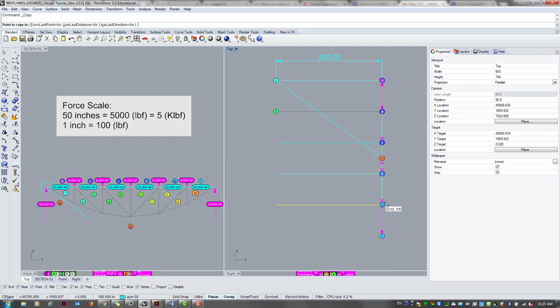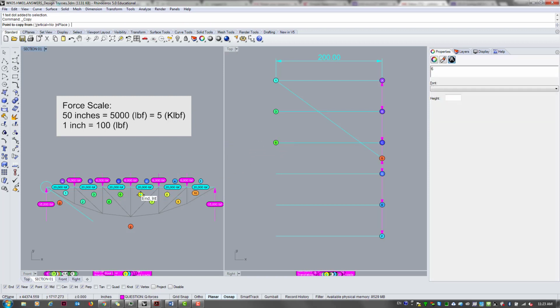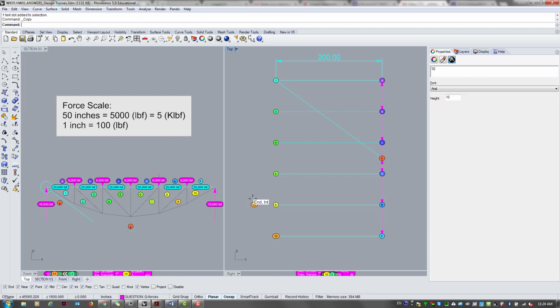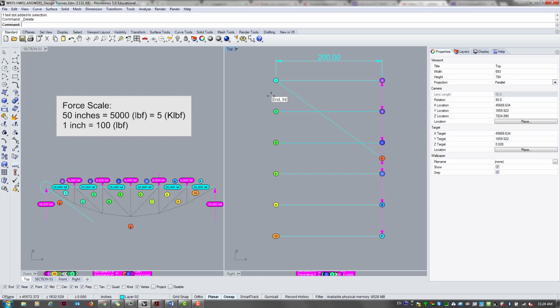So I'm just gonna do this whole thing, and you should be able to draw 5, 6, 8, and 10. So you should have 1, 3, 5, 6, 8, 10 lining up right next to A, B, C, D, E, and F.